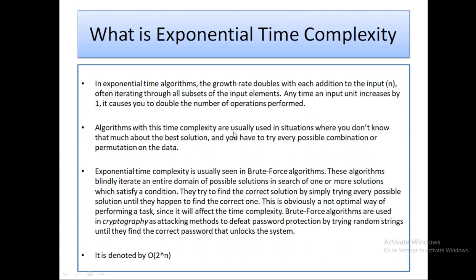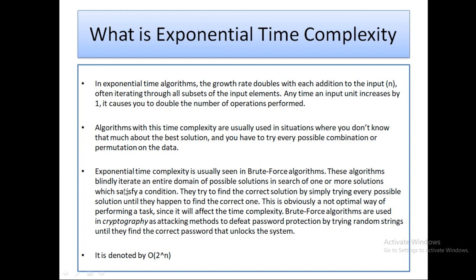Algorithms with this time complexity are usually used in situations where you don't know that much about the best solution and you have to try every possible combination or permutation of the data. Exponential time complexity is usually seen in brute force algorithms.